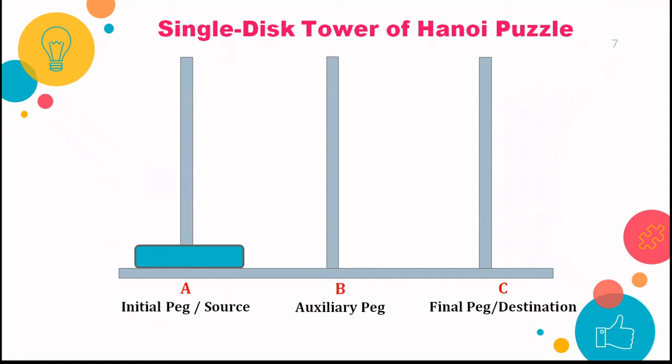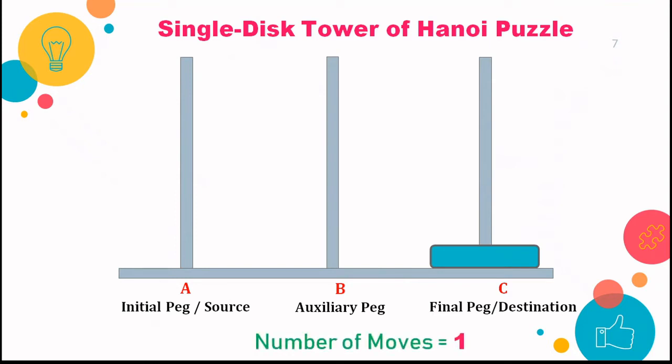So here we know that we can directly place this disc from A to C. So how many steps are required? The number of moves required here is 1, because directly from A we can put the disc on C.